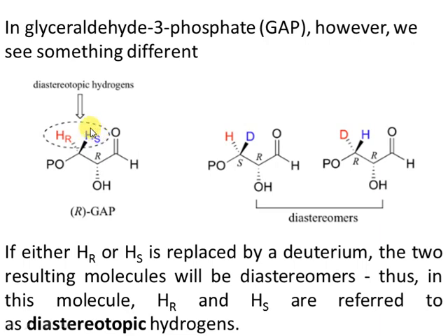So if I replace HS with deuterium, then what I get is a diastereomer. Similarly, if I replace this HR with deuterium, I get another diastereomer, right? So if replacing any of the prochiral hydrogens with another substituent results in formation of a diastereomer, then these hydrogens are called diastereotopic hydrogens, right?